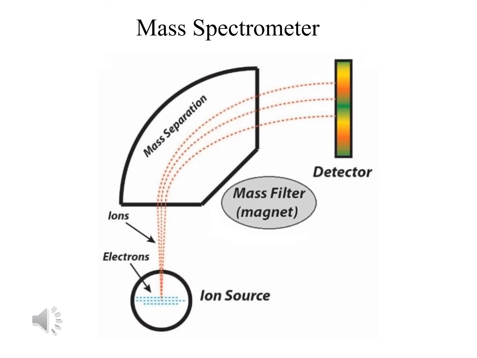This is a diagram of a mass spectrometer, which is how you separate isotopes. You start by making the isotopes into ions, by knocking an electron off, and then you shoot that into a magnetic field.